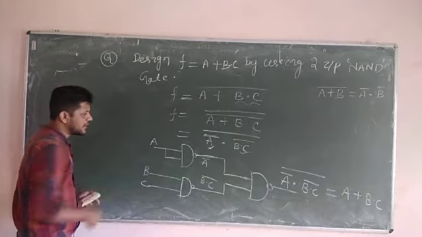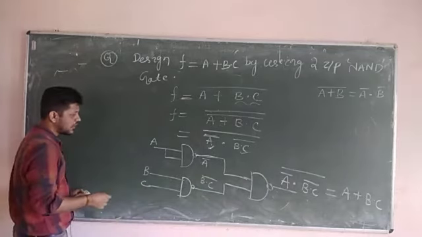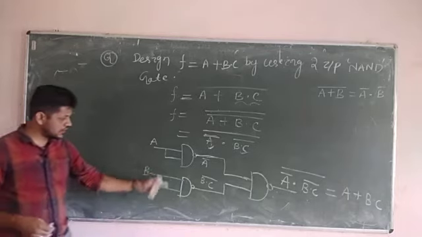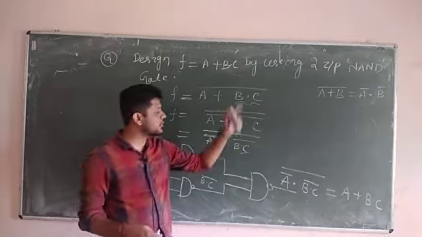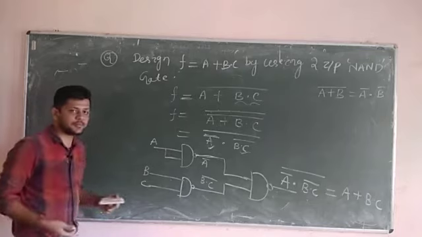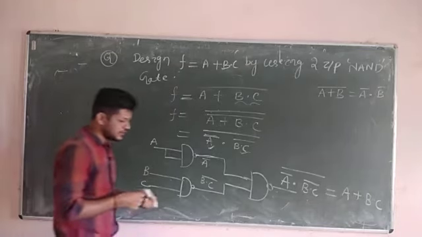Now I have implemented this by using 2 input NAND gate, because I am applying here each gate, I have applied two inputs, hence this gate is also known as two input NAND gate. So in this way we can implement this function f is equal to a or bc by using NAND gate.